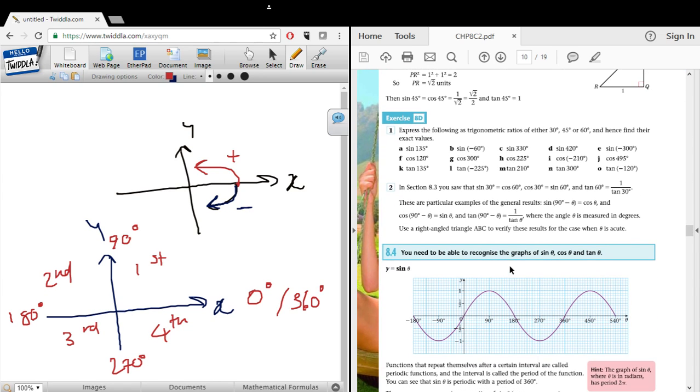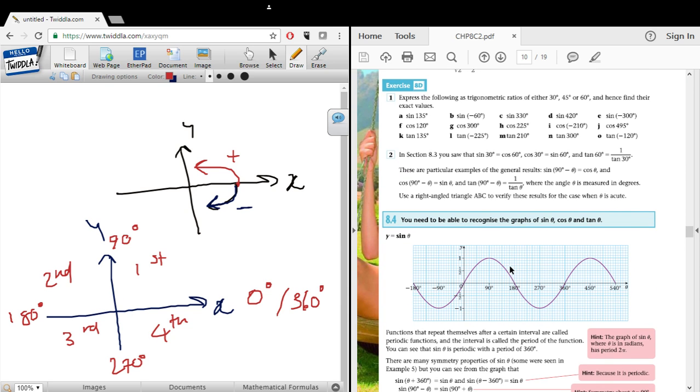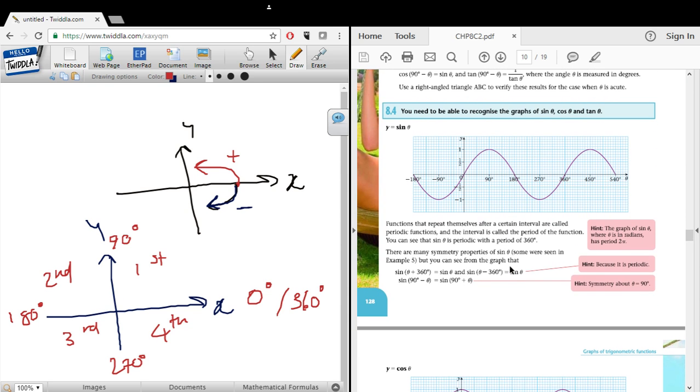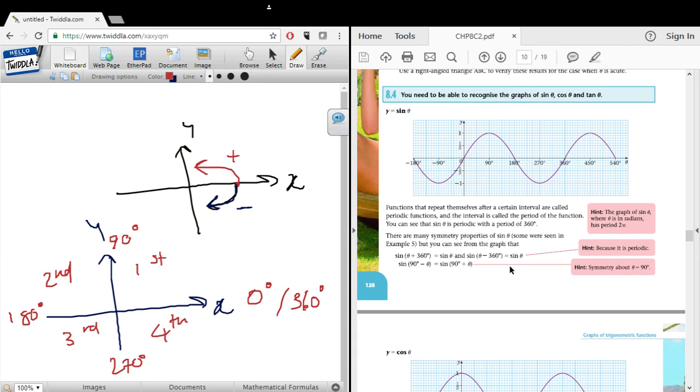Exercise 8D gives you more of an appreciation of this question. So 8.4, you need to be able to recognize the graphs of sine, cos and tan. And I think this is something that we're going to do in our next video, so we're going to stop there.